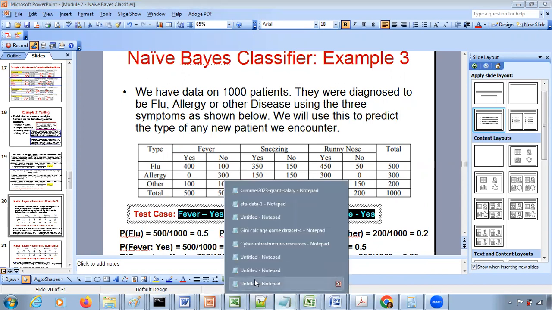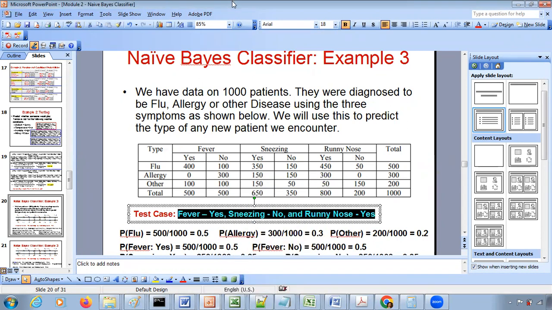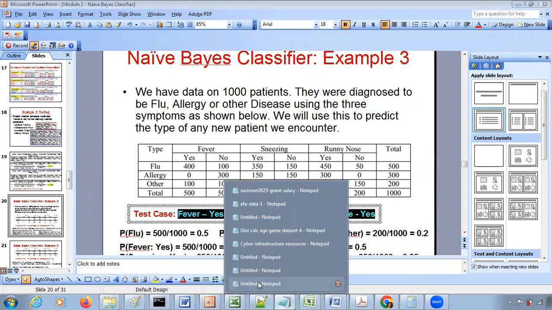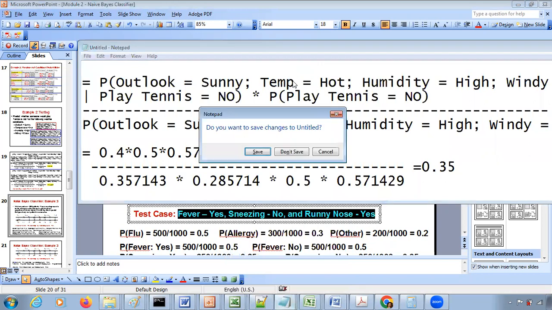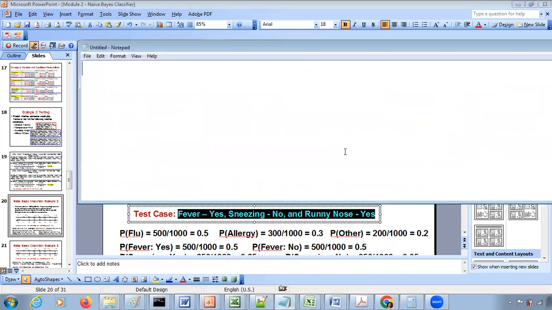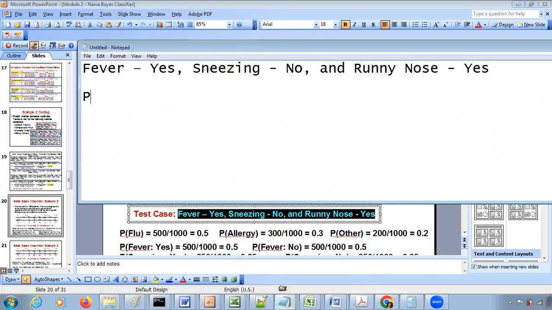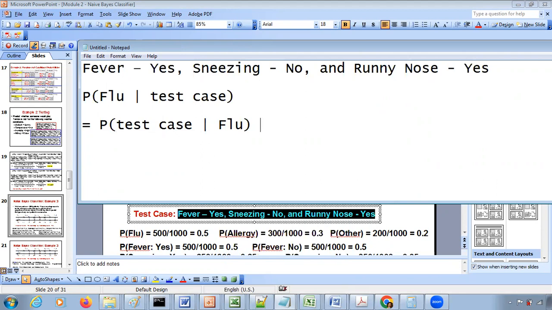So let's do one by one. So the feature values are these. The probability for a person to have flu given this test case is the probability for the test case values for the features given somebody has flu, times the probability someone has flu, divided by the probability of the test case.